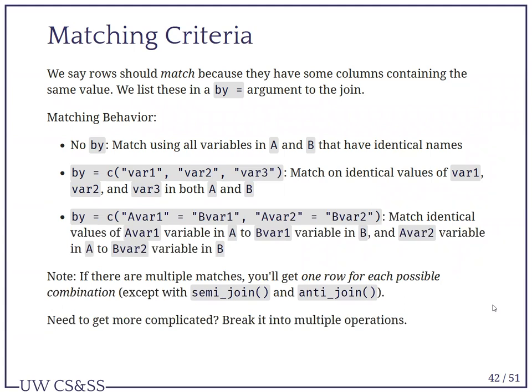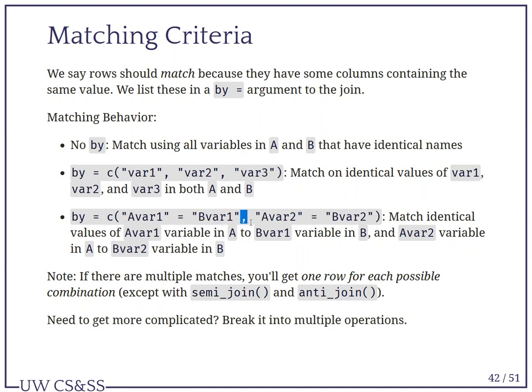And lastly, what we can do is say by equals, and we can say a variable from data frame A is equal to a variable from data frame B that has a different name. Sometimes in my data, it will say something like state name, and this one will be state all caps. But I don't want to take the time to change all the names because I'm just joining this really quick, no big deal.